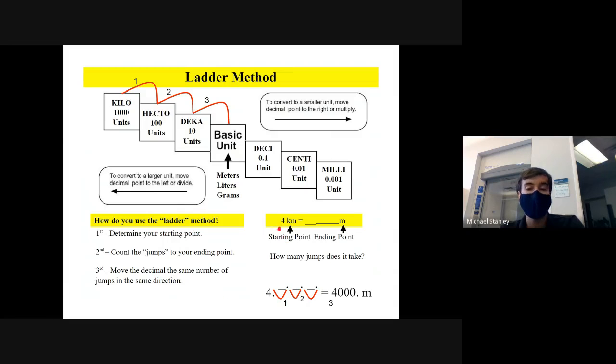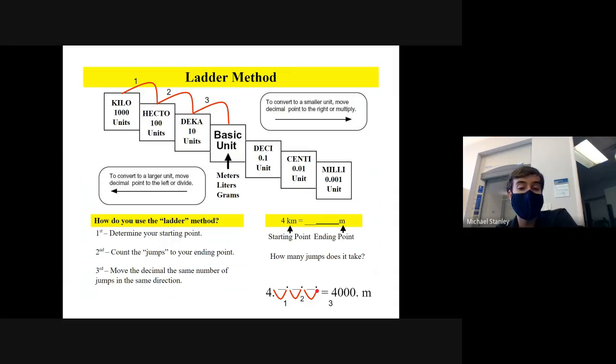So like right here, 4 is a whole number, so the decimal point, you could think of it as being right behind 4. And I just mentioned that it's 1, 2, 3 jumps to the right in order to go from kilo to meter. So this 4, we're going to take it and go 1, 2, 3 jumps to the right.